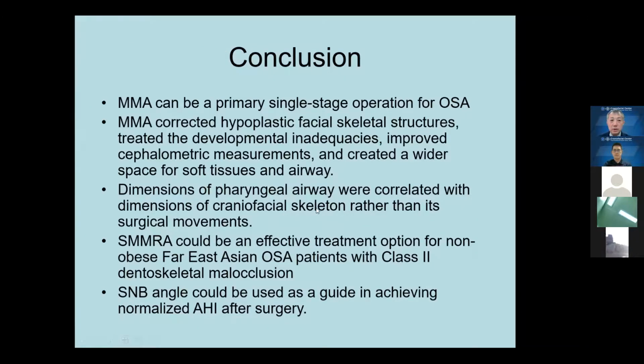So in conclusion, the MMA surgery is aimed at patients having craniofacial underdevelopment and some disproportion between the skeletal and soft tissue. After the surgery, the skeletal framework can help the oral cavity to enlarge and then dilate the pharyngeal airway to help them have good sleep at night.